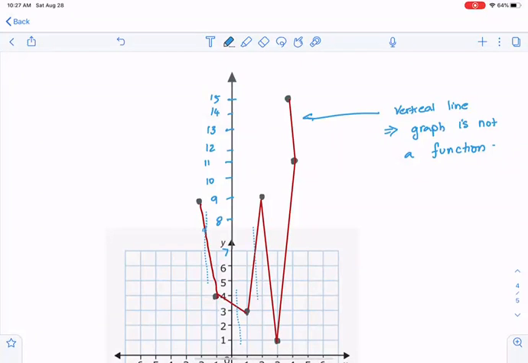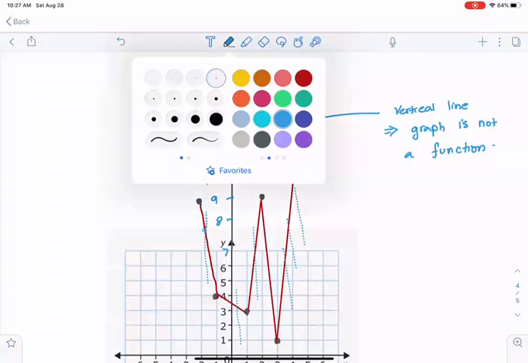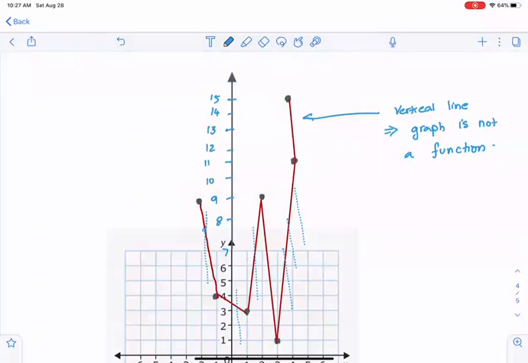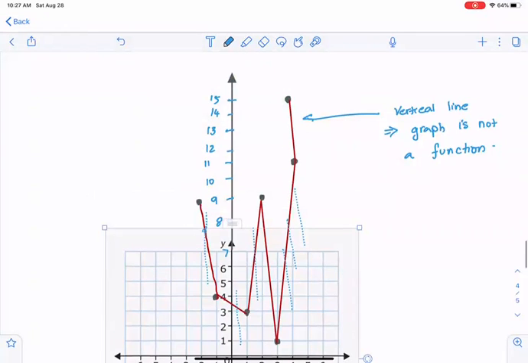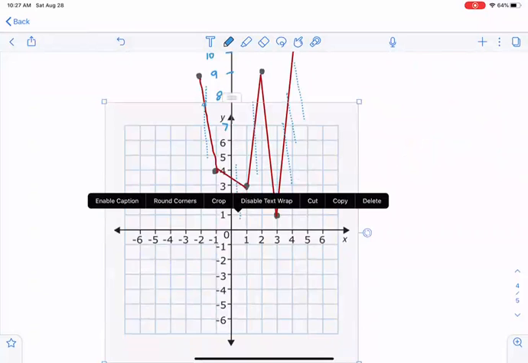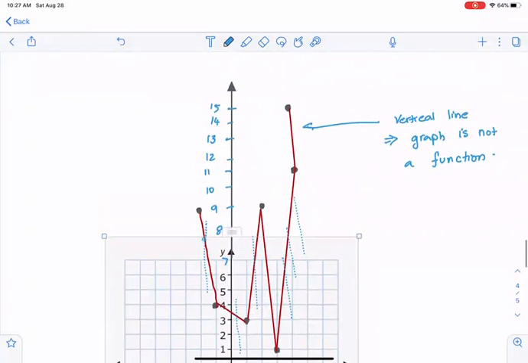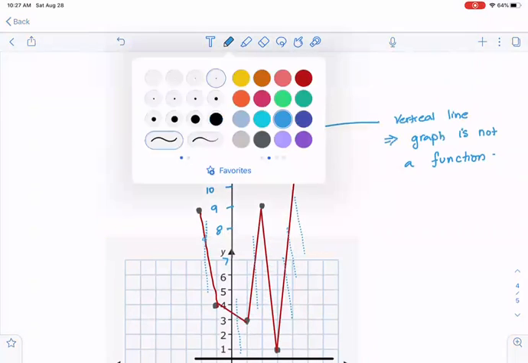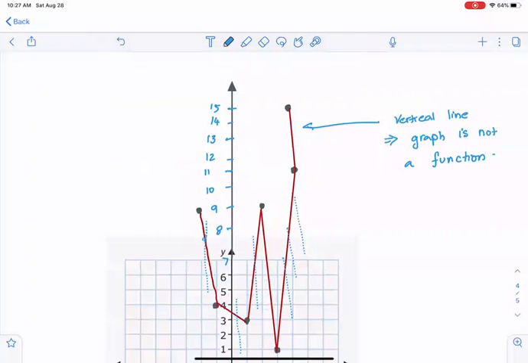There, same case, there, there, there. In all of those cases, the dotted line touched the curve exactly at one point.